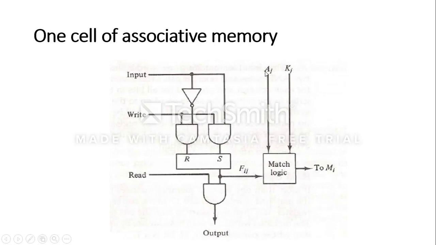So the corresponding bit in the argument register is Aj, and the corresponding bit in the key register is Kj. So Aj, Kj and Fij, that is the bit value available in the memory cell Cij, are the three things needed to use this match logic properly and to set a particular bit Mi in the match register.